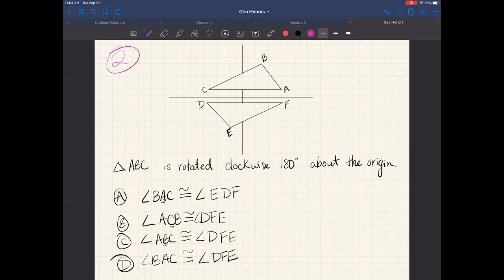Let's see if we can do it. Remember that when you're looking at these angles, the angle that you're really looking for is the letter in the middle. So BAC is looking at this angle, and so on. Try and figure it out. Put it in the chat and let's see.